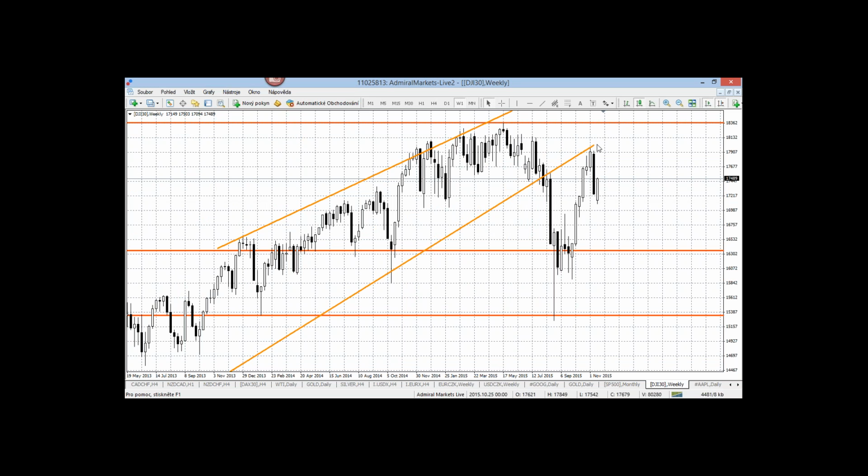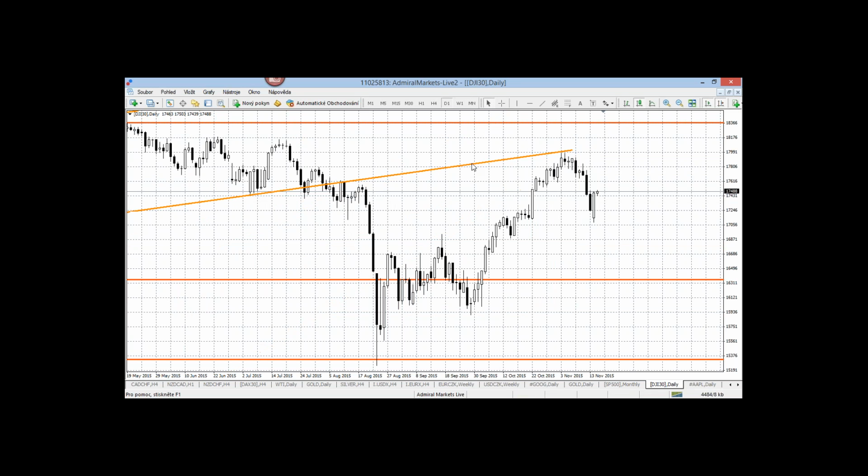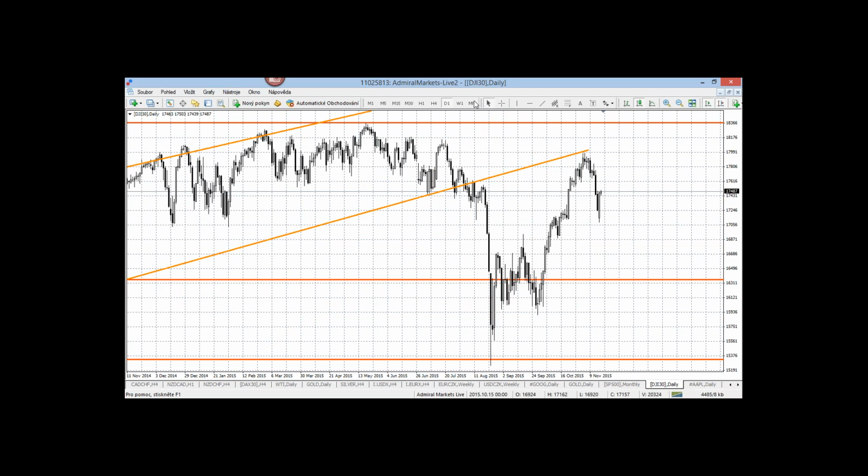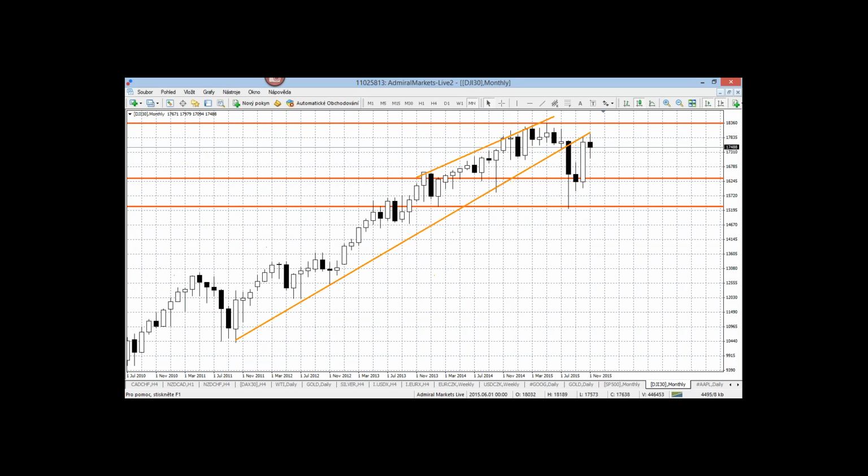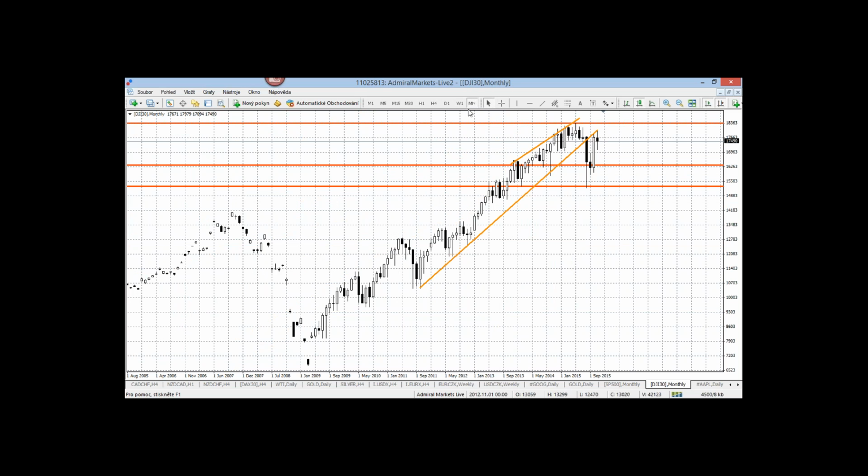Is this a pullback for more downside, or is this an uptrend continuation? And if you look at this uptrend, actually, since 4 years ago, we've never had this long of a pause, not making a higher high.